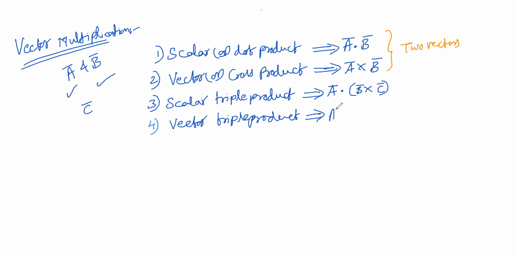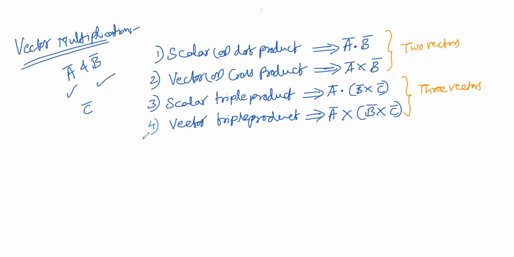For the vector triple product, A bar cross B bar cross C bar. For these two products, we require three vectors. Two is not sufficient. These are the different types of product.